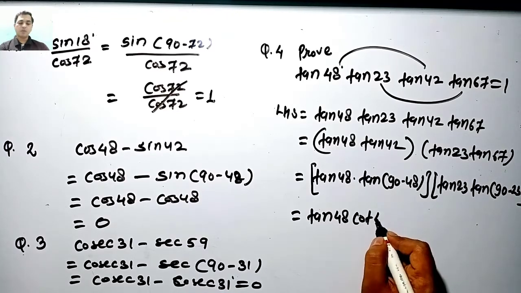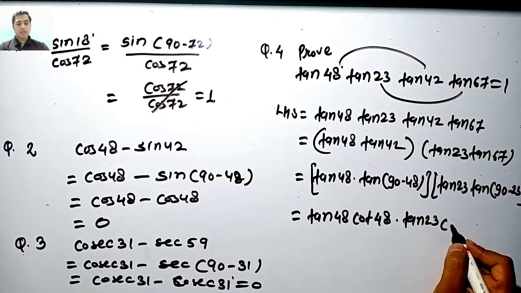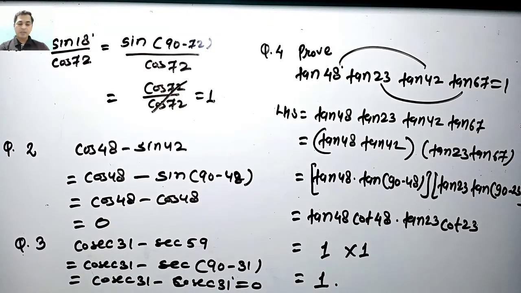So tan(90 minus 48) will be cot 48, and tan(90 minus 23) will be cot 23, and we know that these are reciprocal to each other, so 1 into 1. So finally the product of these terms will be 1.